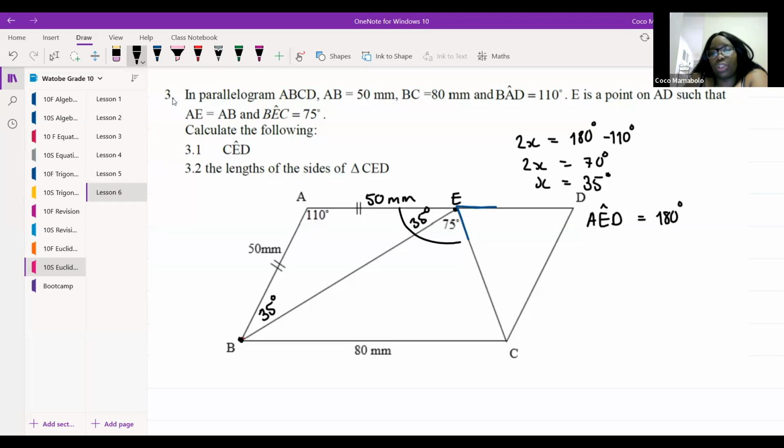So we're only going to use these angles here. Again, let's call this part y. So how would I figure out what y is? y would be 180 minus 35 plus 75. Good. 180 minus 35 minus 75, I'm going to subtract all of them. Therefore, y is equal to 70 degrees. All right, look at that.